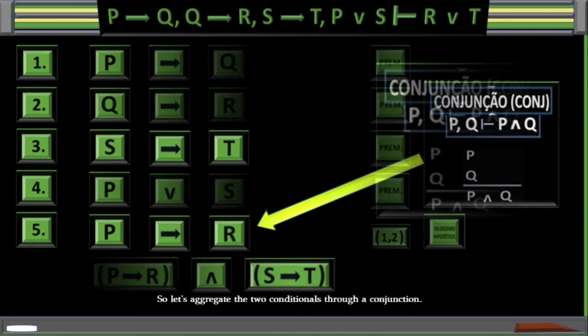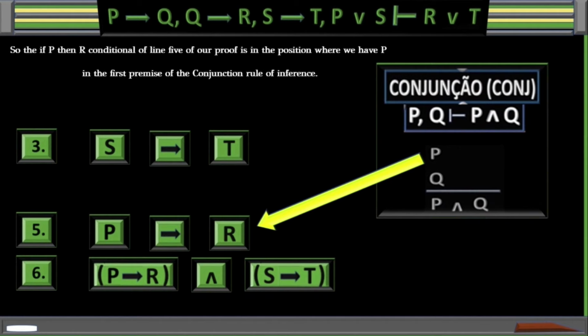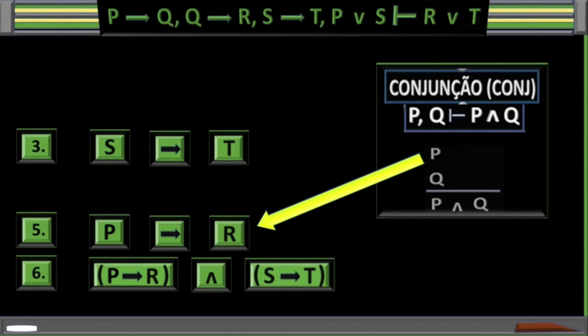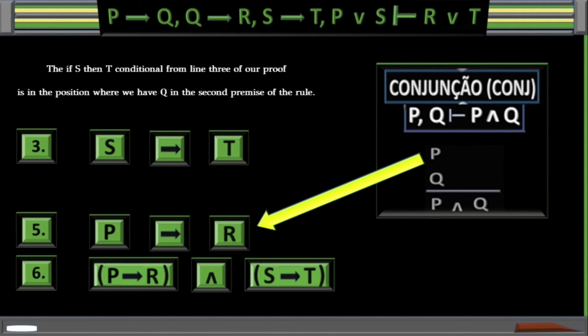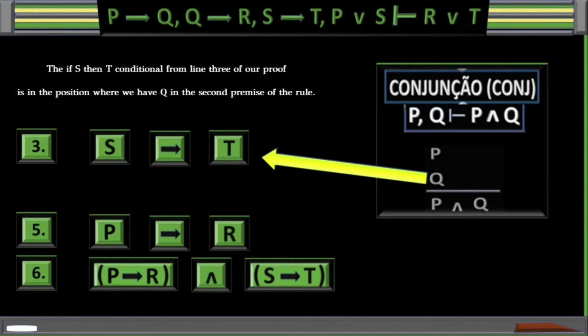So the if P then R conditional of line 5 of our proof is in the position where we have P, in the first premise of the conjunction rule of inference. The if S then T conditional from line 3 of our proof is in the position where we have Q, in the second premise of the rule.